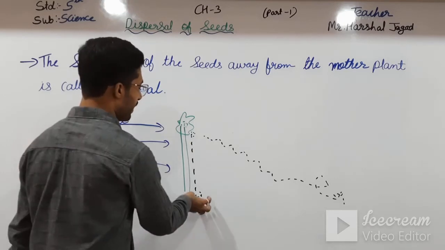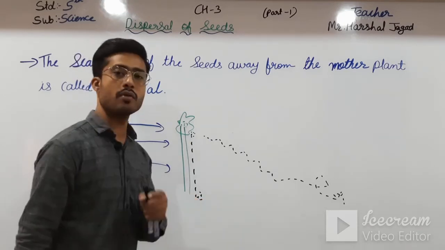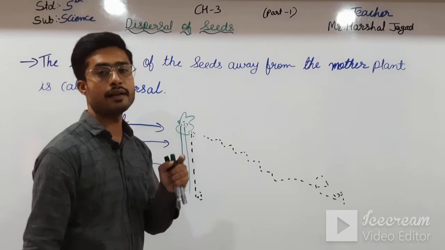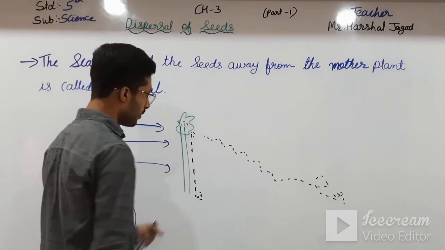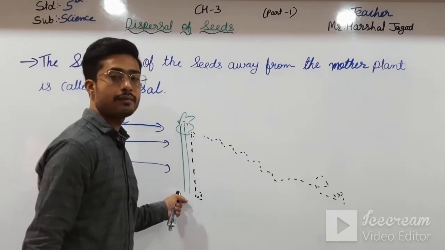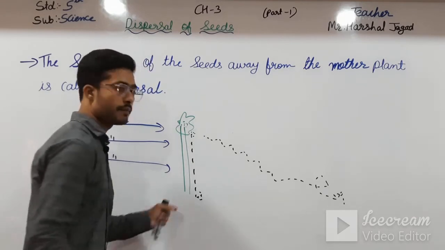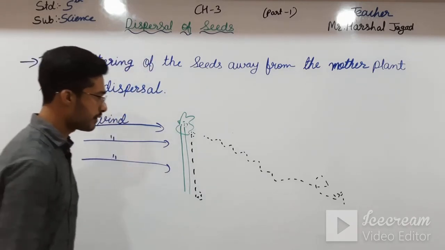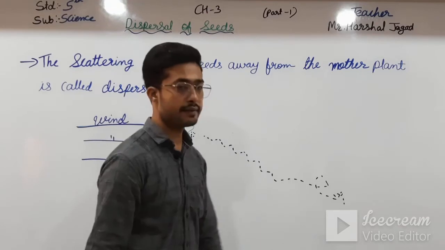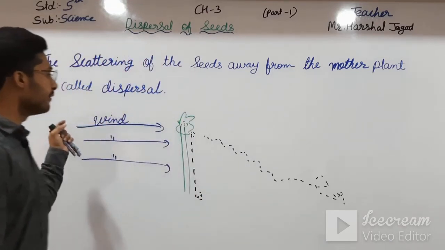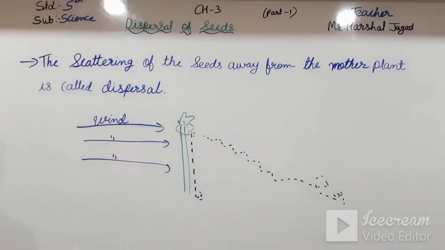Okay students, and if they grow over here, they do not get the salts and minerals from the soil, because all the salts and minerals are taken by these parent plants. Okay students, so this is the first case, dispersal by the wind.